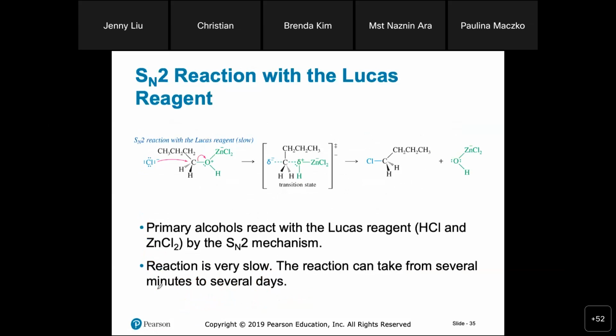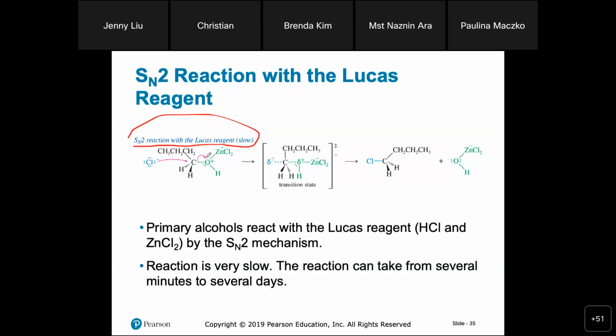So let's move on to how we did this reaction with the Lucas reagent. If we do the Lucas reagent with SN2, this is a very slow reaction. But SN1 goes very fast. The mechanism is kind of similar.